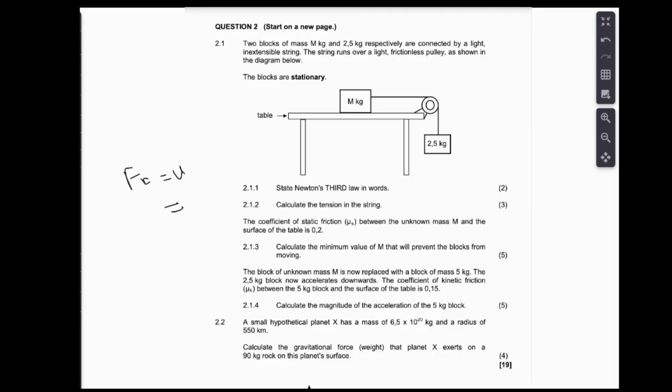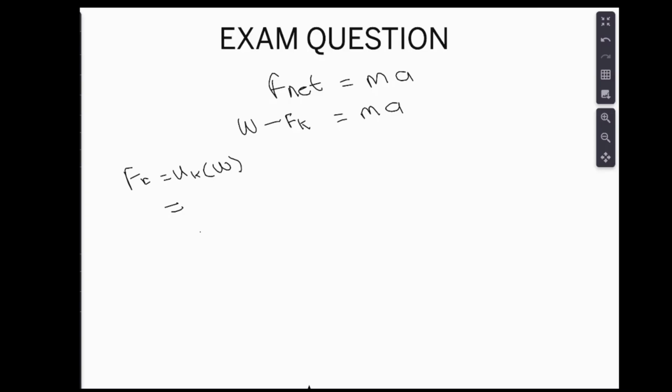Okay, they've replaced it with 5 kgs. So 0.15 multiplied by 5 times 9.8, right? So the frictional force is going to be 5 times 9.8 times 0.15, which will give us 7.35 newtons.